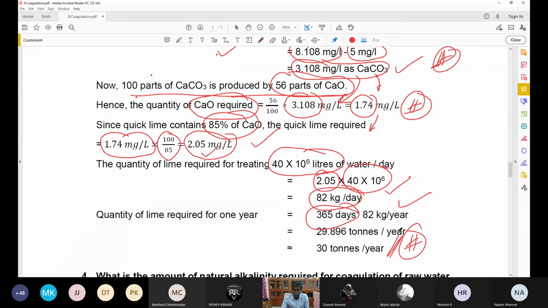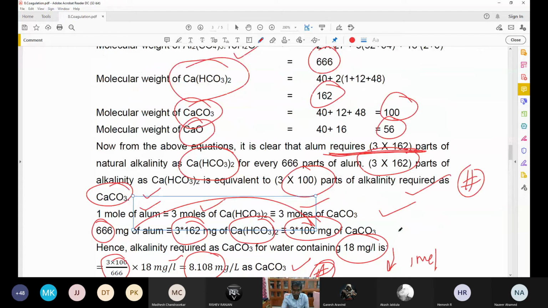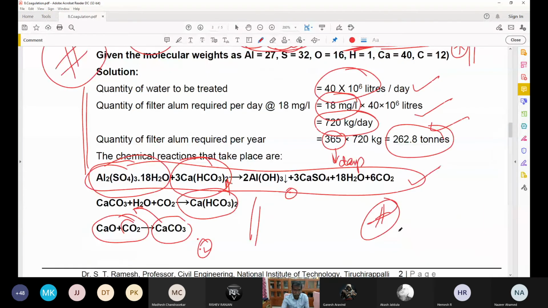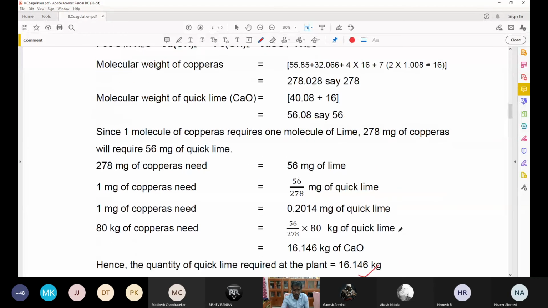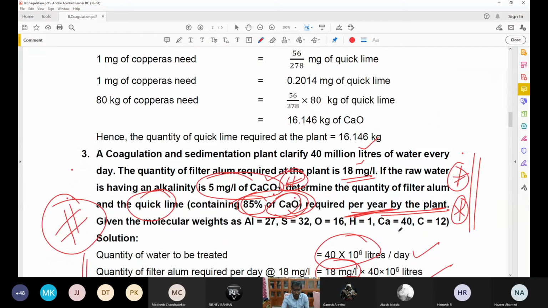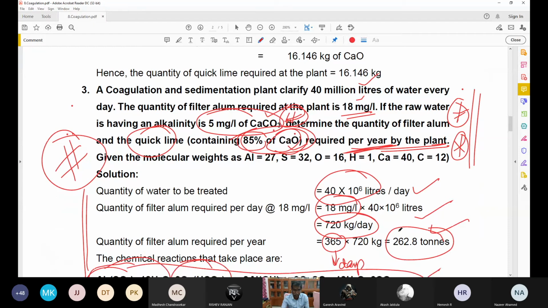Yes, sir. Please go through these two problems, and I've also added 2 more problems of iron in between. You can have a look. It is not very challenging. All are simple with your stoichiometric relationship. Please understand, for alum reactions you may require sufficient alkalinity. If sufficient alkalinity is not there, you have to add lime. Please make a note of how lime has been mentioned in the problem, and based on that you can convert vice versa.